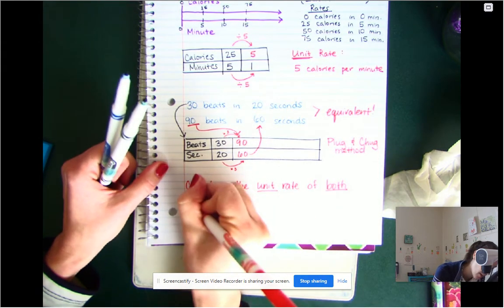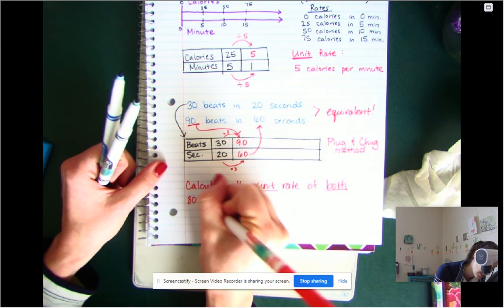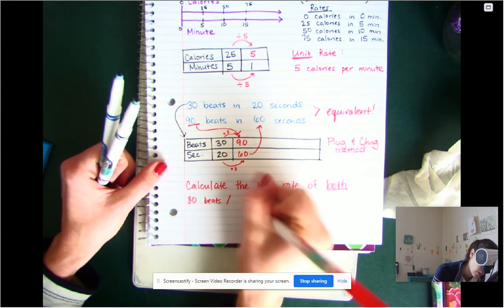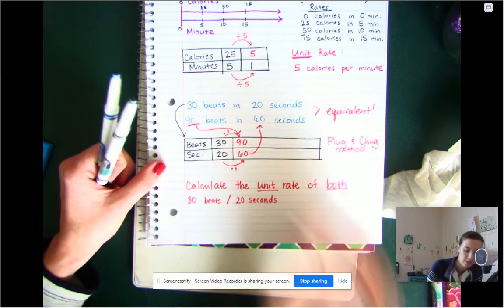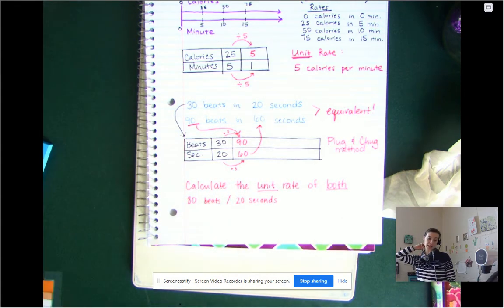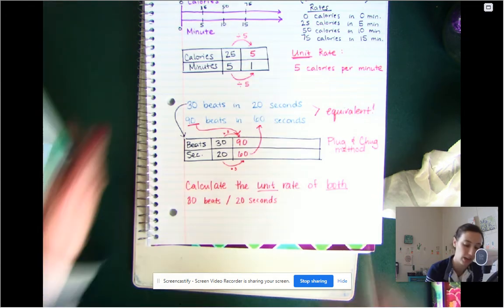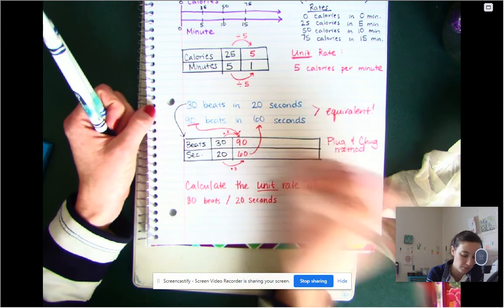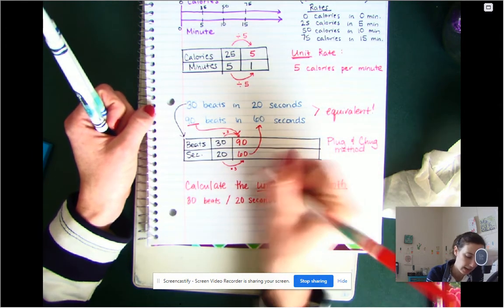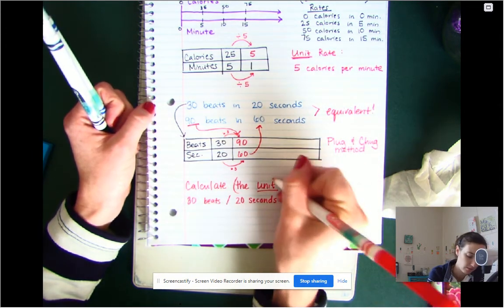So if we have 30 beats in 20 seconds, we need to get down to, I shouldn't say unit rate. Okay, it can be a unit rate, but it doesn't have to be a unit rate. It can be a common rate. Oh dear.